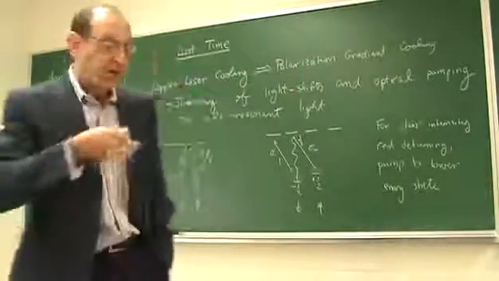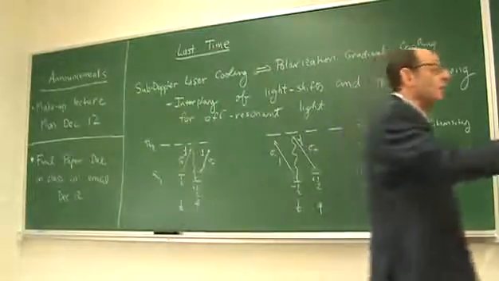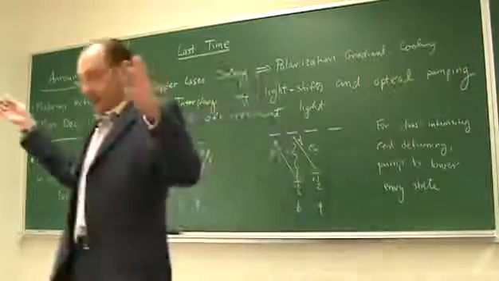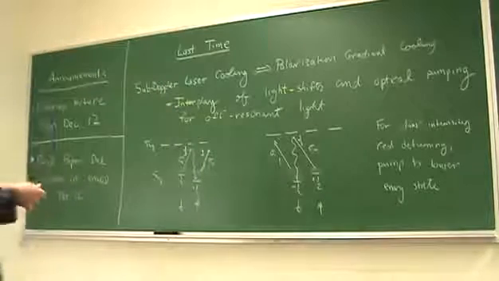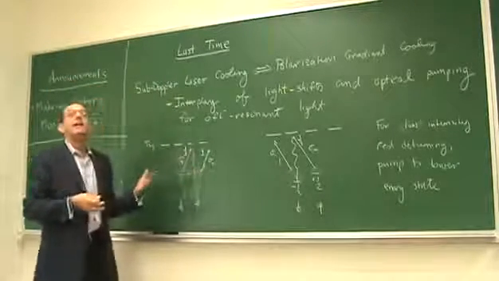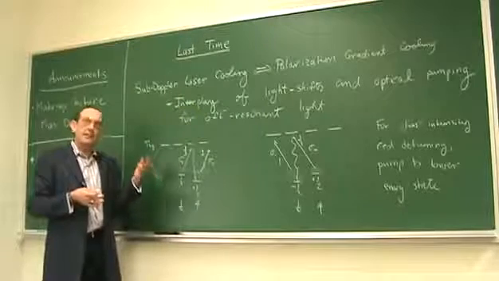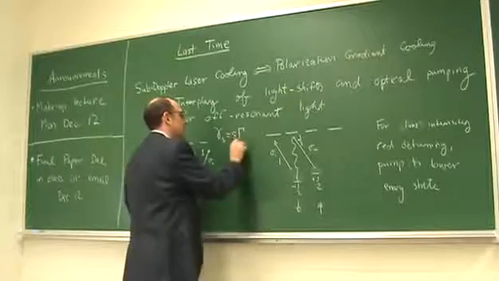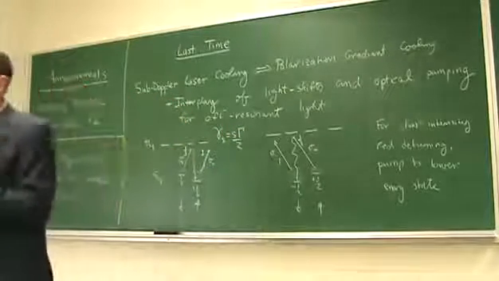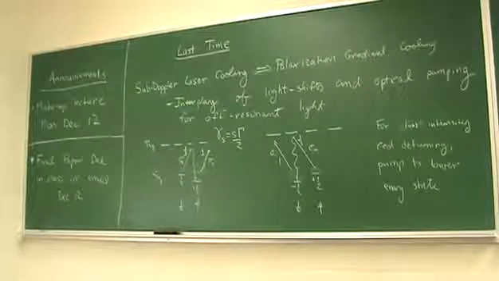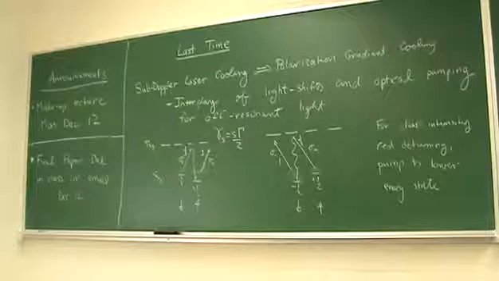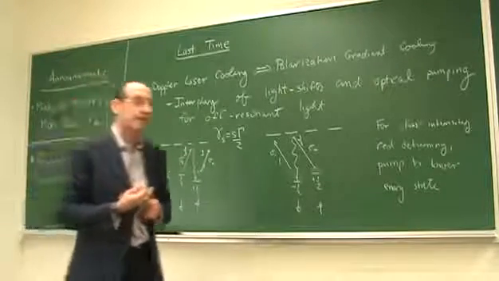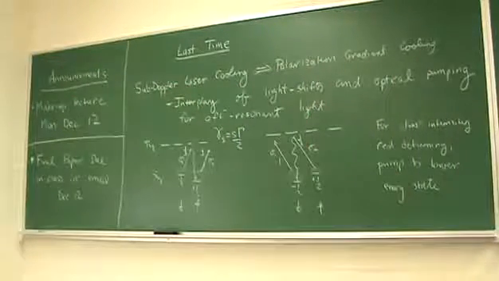And it happens for slow atoms, much slower than the Doppler capture range, because this optical pumping rate is less than the scattering rate by an amount that depends on the saturation parameter. Okay, so that's the characteristic time scale associated with optical pumping, the photon scattering rate.